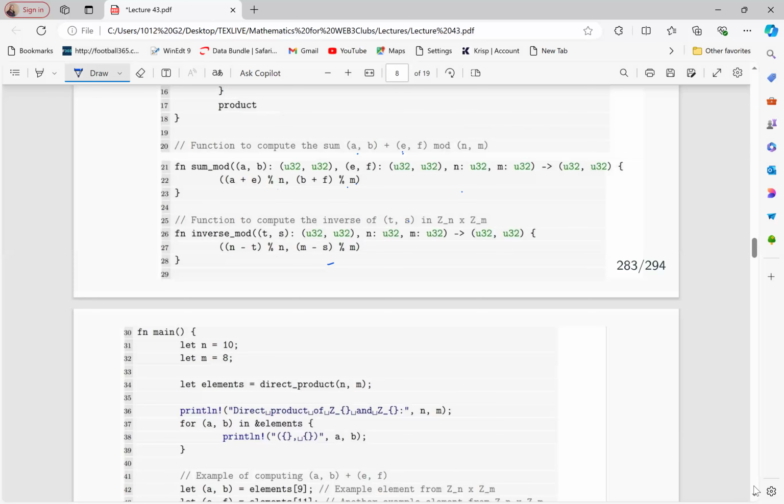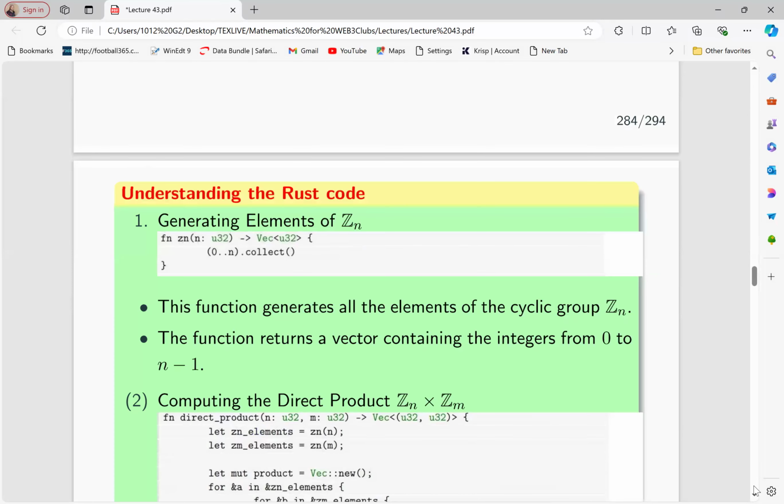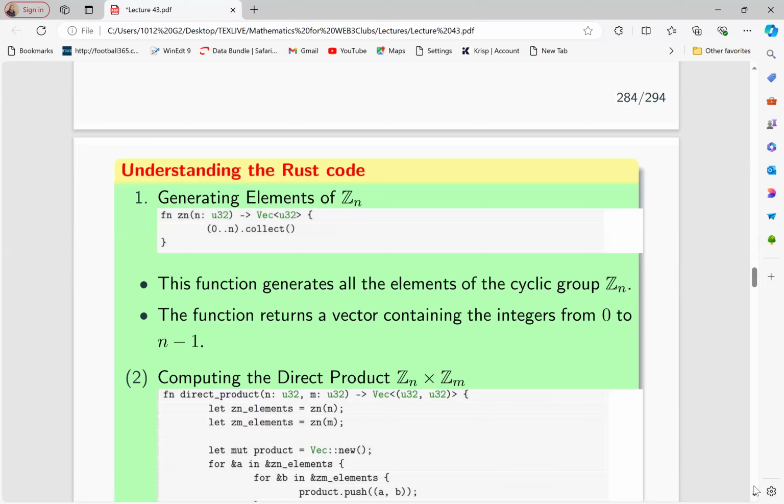Now, how my code works is explained here. The first code, which involved only additive groups, we have that part, and that part we said was to generate the elements of a group. So it generates all the elements of Zn, and when it talks of from 0 to n, I've already explained that.